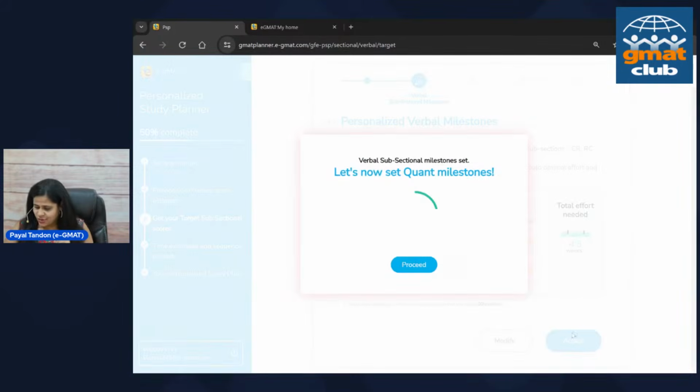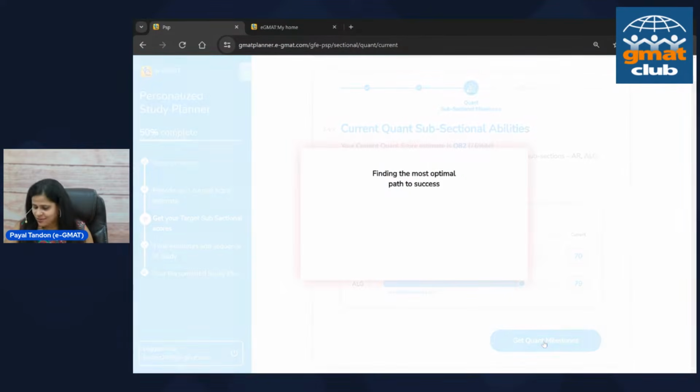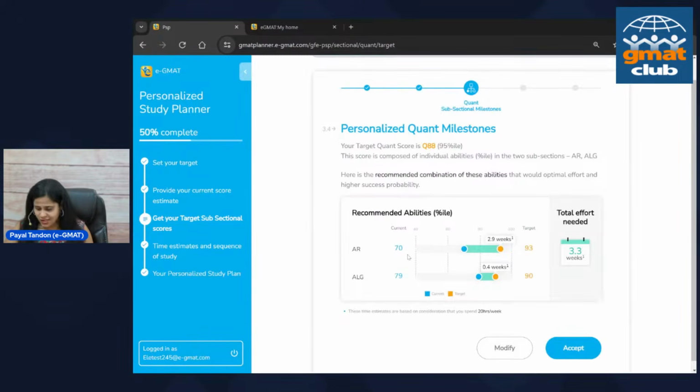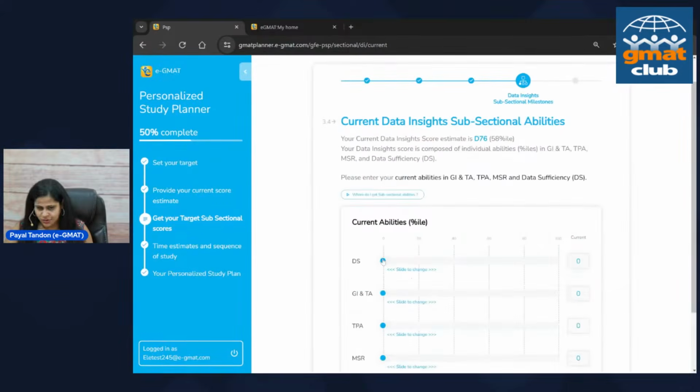Then I do the same thing for quant. So we are going to rush through that right now. Again, this is the input that Sigma X mock gives me. By the way, GMAT prep mocks would not give you this information, but Sigma X mock provides you with relative abilities between the subsections as well, right? So I'm going to accept that right now, and then we're going to do the same thing for DI.